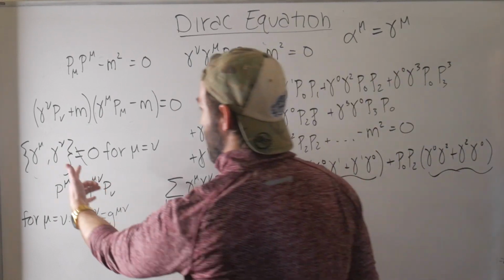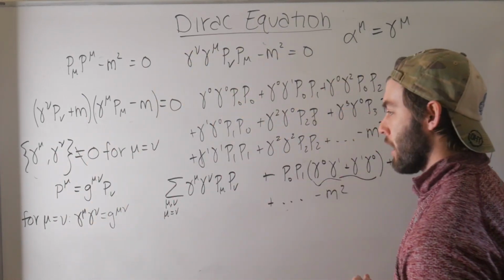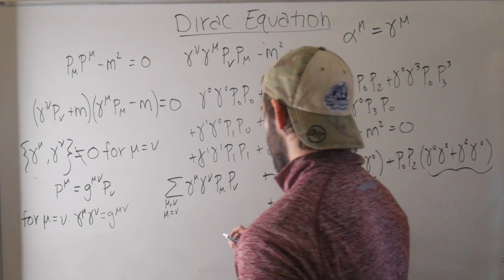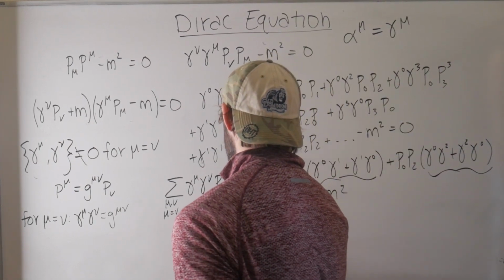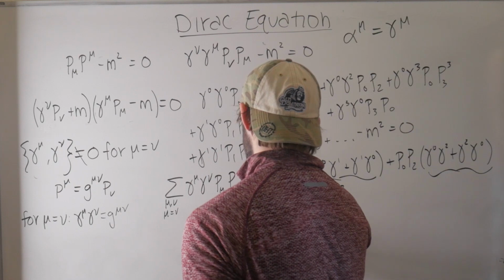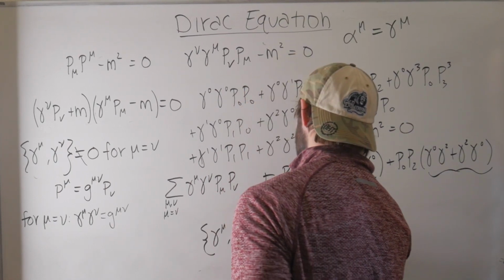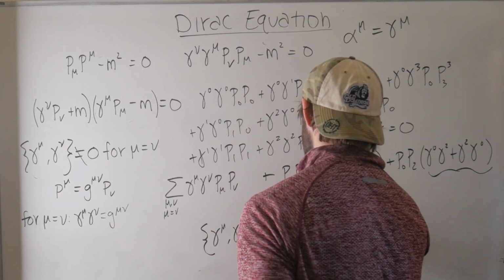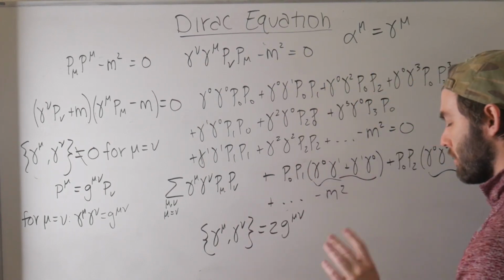Okay, and we can actually combine all of this into one anticommutator relation. So we can say that the anticommutator of gamma mu comma gamma nu is equal to 2 times the metric tensor. And let's make sure that this makes sense to us.